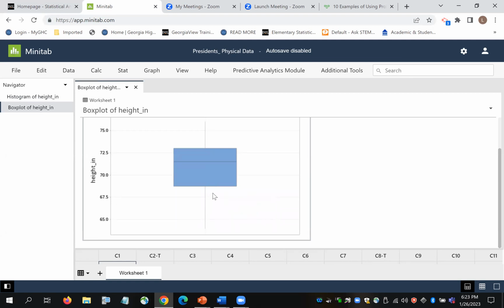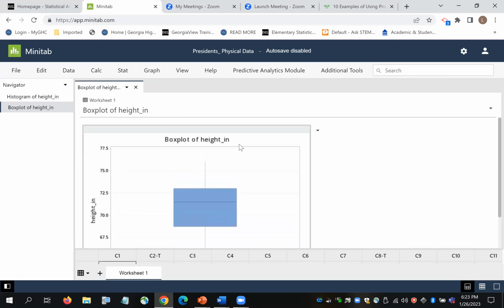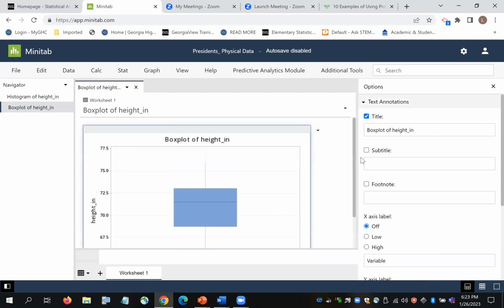Okay, so on this box plot, I want to copy it over to my paper so I can make some marks on it. But before I do that, again, you want to make sure that you give it a descriptive, detailed title. If you leave it as box plot of height in inches, Miss Ralston knows that you didn't change it because that's the default, and I will take points off.